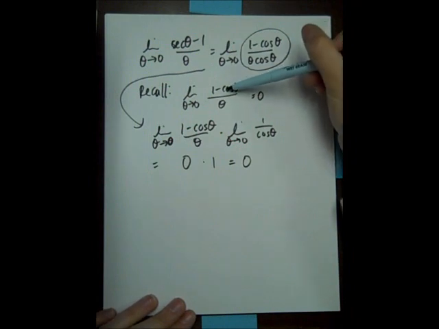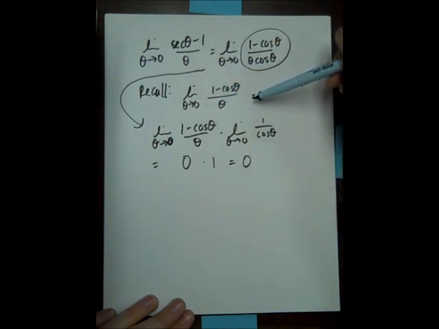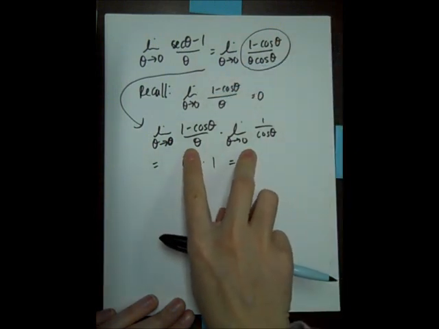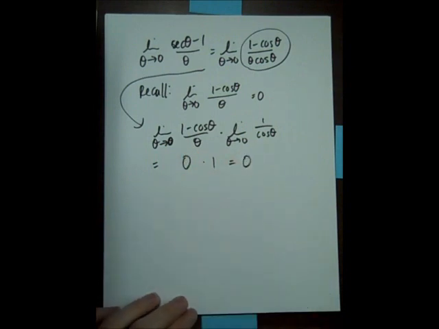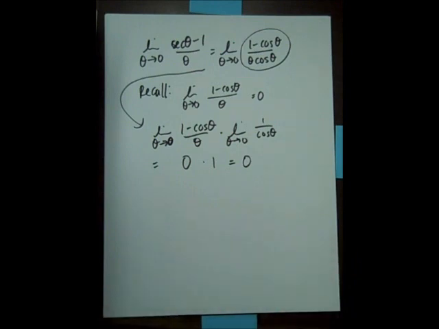Then I pulled out a 1 minus cosine theta over theta because we know what the limit as theta approaches 0 is of that. Evaluated the two limits separately using multiplication, got 0 times 1, which is just 0. So that's how you could use rewriting it in terms of sine and cosine.